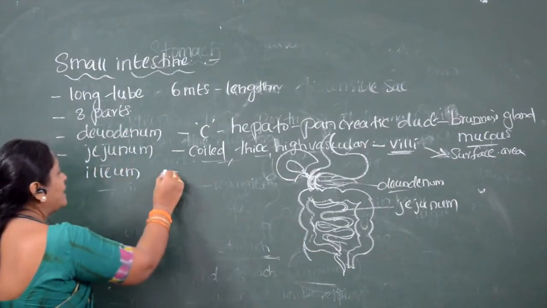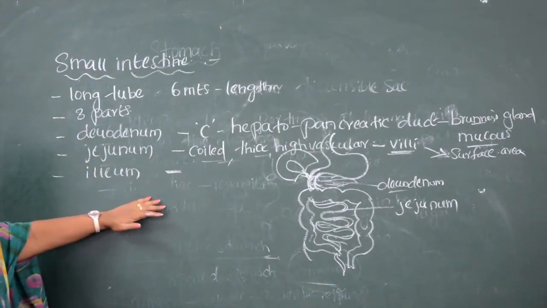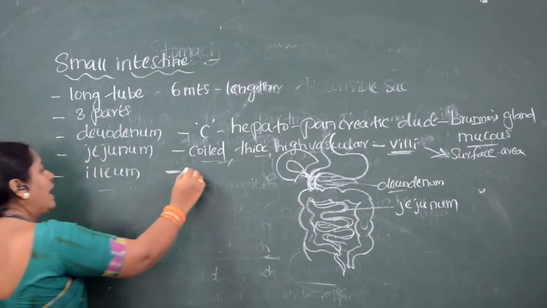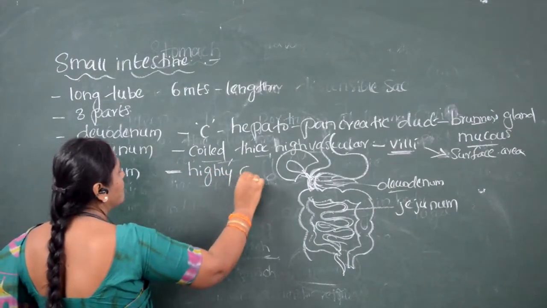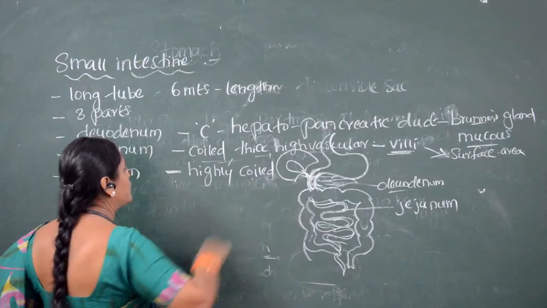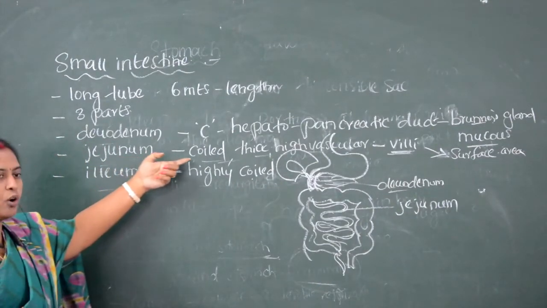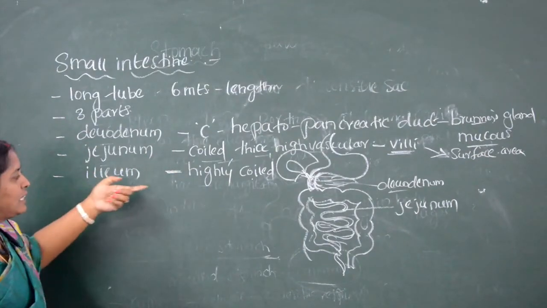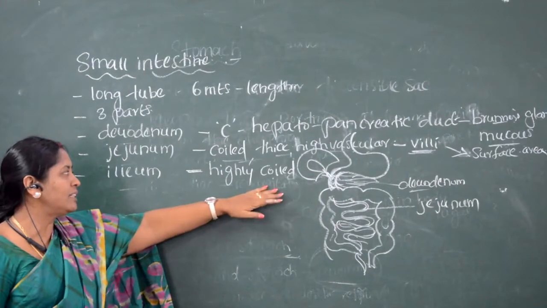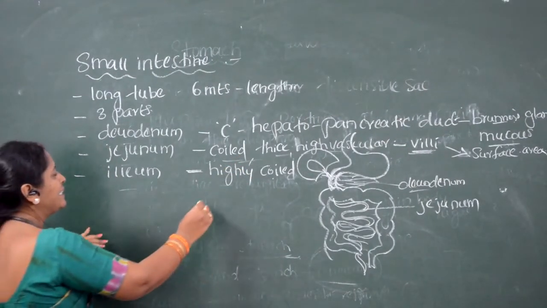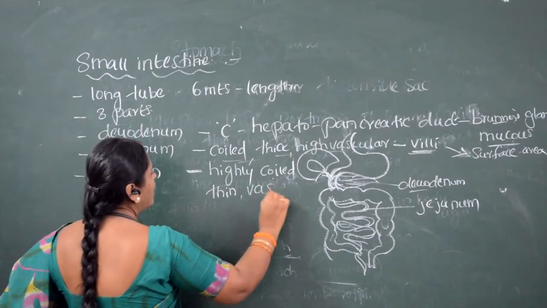The next part is called the ileum. The ileum is a more highly coiled structure than the jejunum. The jejunum is coiled, but the ileum is highly coiled when compared with it. But it is thin and vascular.